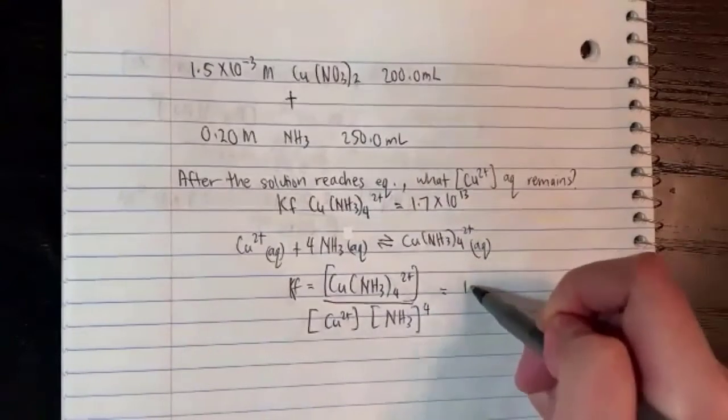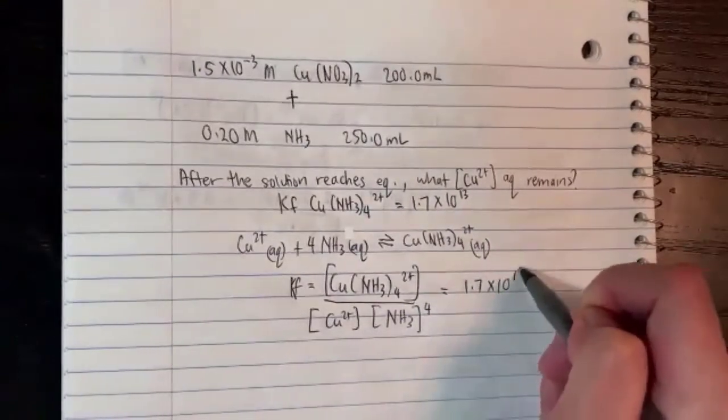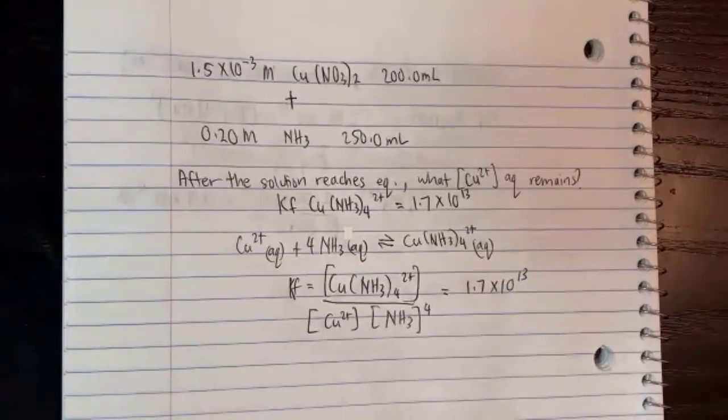And that equals 1.7 times 10 to the power 13, okay? That's one step. And then you do need to do an ICE table. So we need an ICE table here.